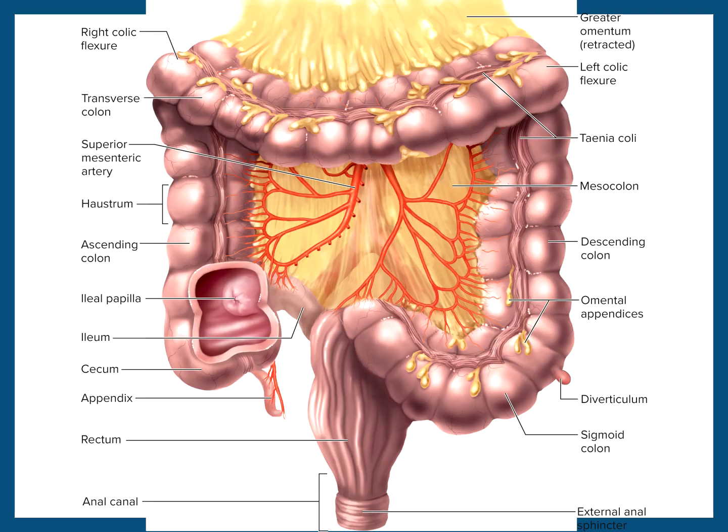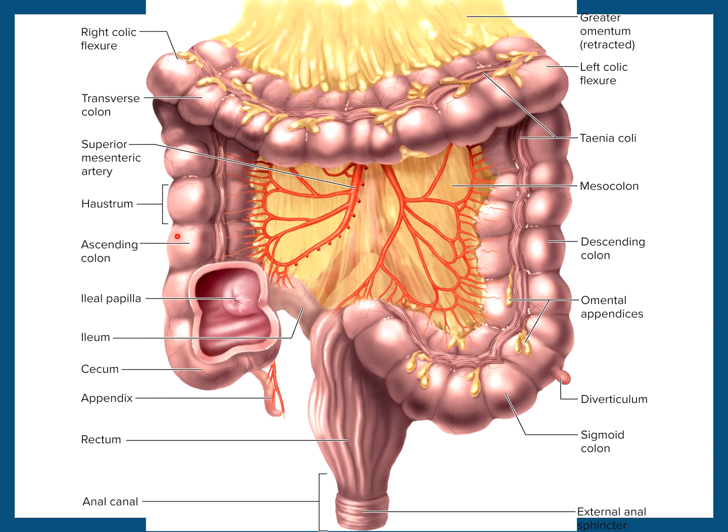So here we have a picture from your book. You can see that this portion is the ileum, that last section of the small intestines. And then you'll have that cecum where the food substance will go into, and you'll see that appendix hanging off of the cecum, and you can see it's kind of this large pouch-like structure.